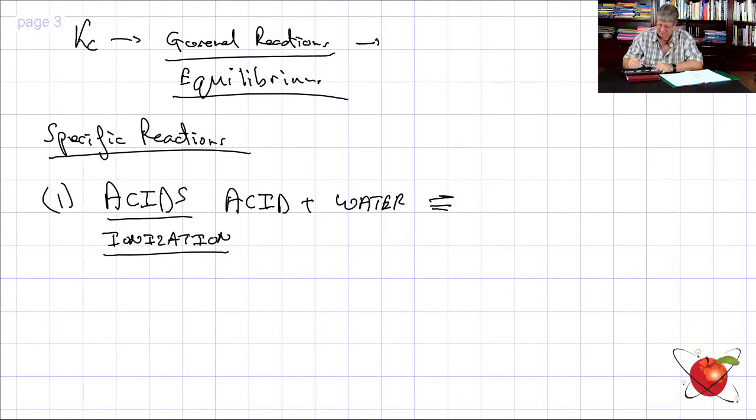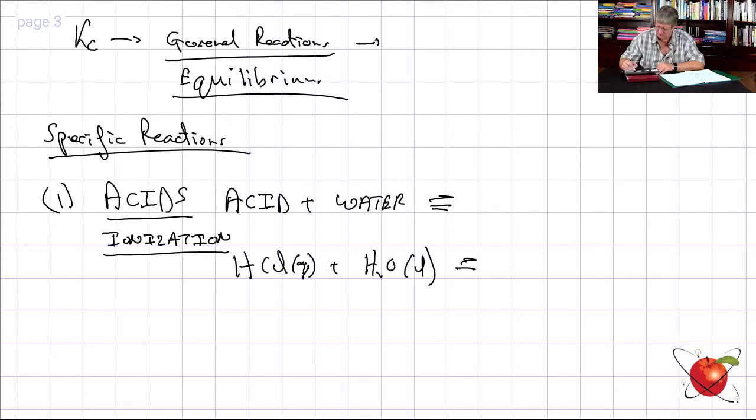Therefore, let's just take a simple acid like HCl, aqueous, plus water, H2O, liquid, goes to what? The H splits up, just to recap, into an H+, there are the ions that it makes. And the water stays as it is.